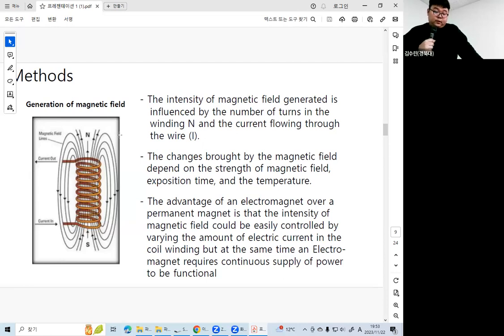The advantage of the electromagnet over the permanent magnet is that the intensity of the magnetic field can be easily controlled by varying the amount of electric current in the coil winding, but at the same time an electromagnet requires a continuous supply of power to be functional.